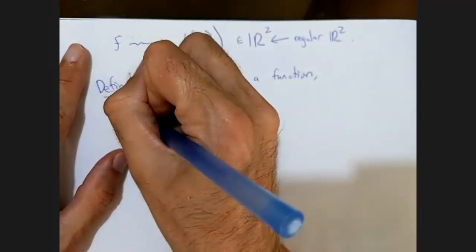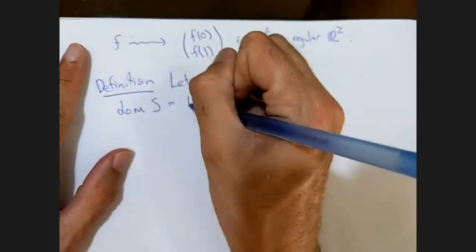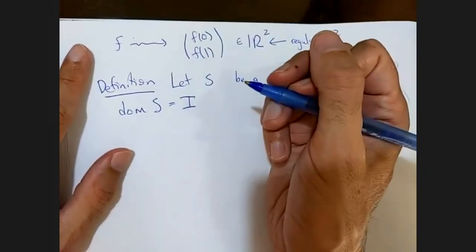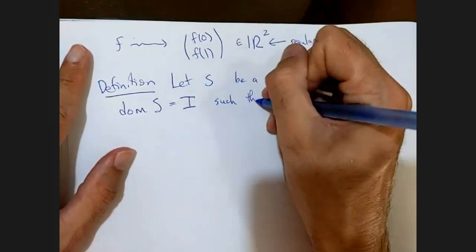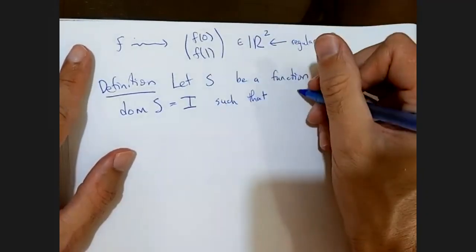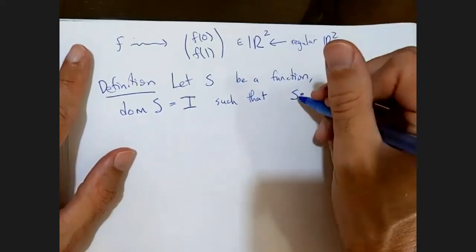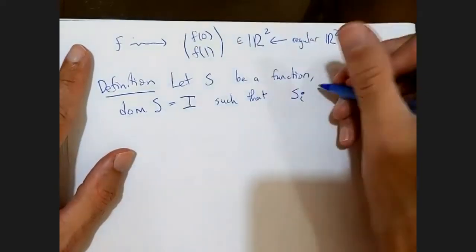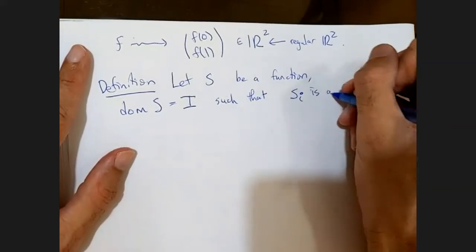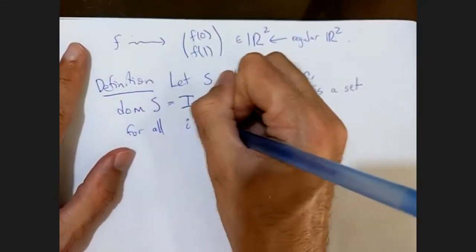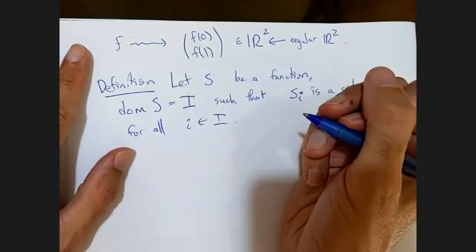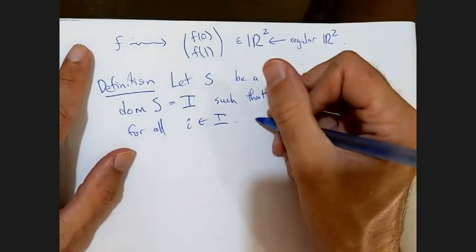The domain of S is going to be I, for index, such that S sub I, meaning the value of S at I, is a set for all the elements of the domain of S. Okay.